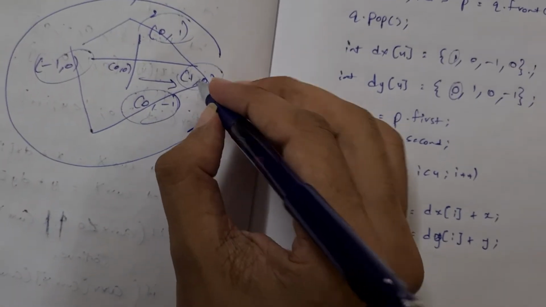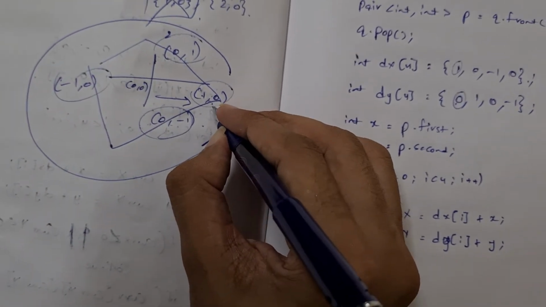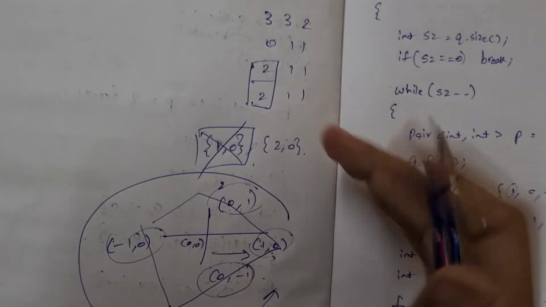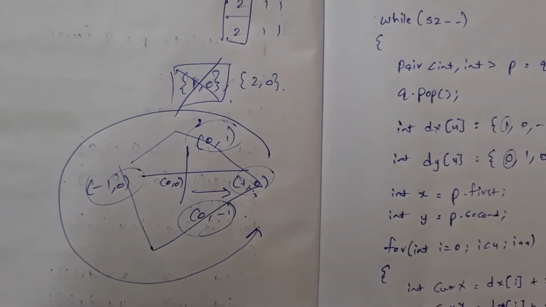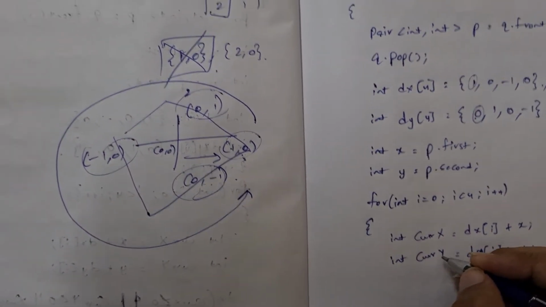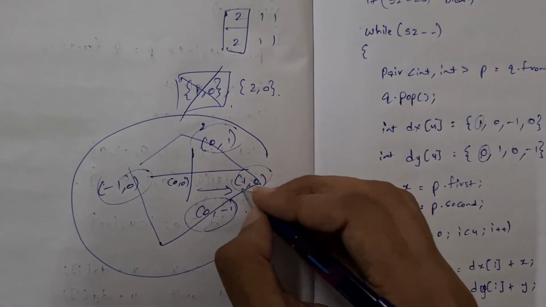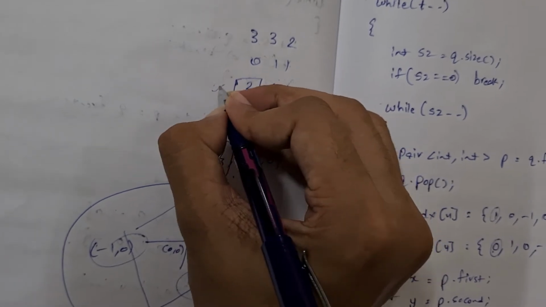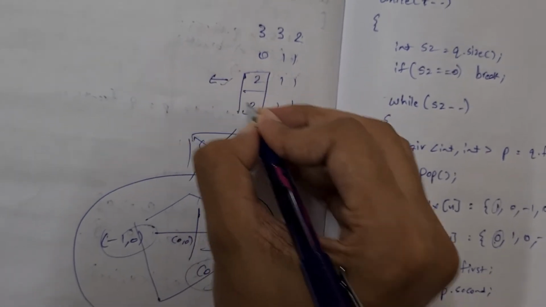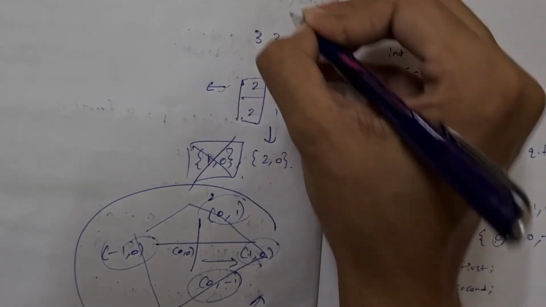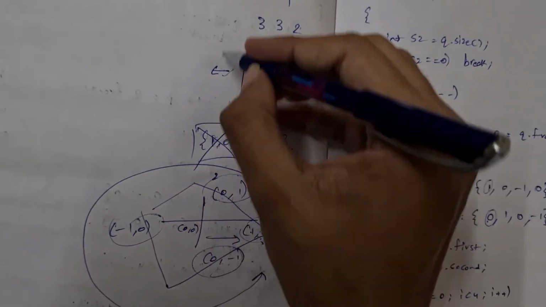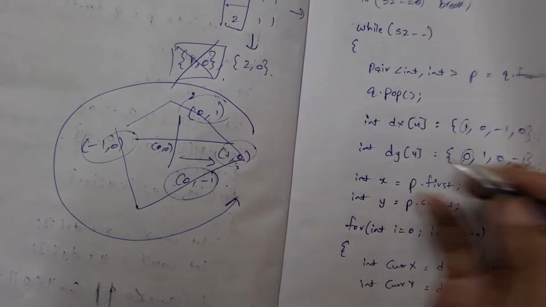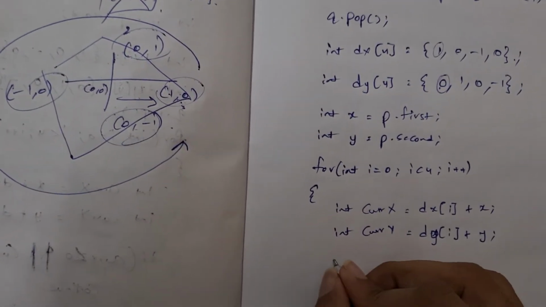So when we move here, we have to check whether this apple is rotten or not. Before we check whether this apple is fresh or rotten or empty, we have to make sure that current x and current y are always in the bounds, so that we can check whether this element is present in the grid or not. If it moves out of the bounds like this, or this way, or this way, or this way, we have to make 4 checks before accessing the element at the position.